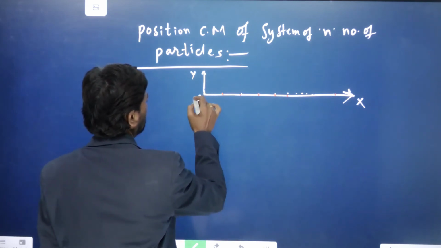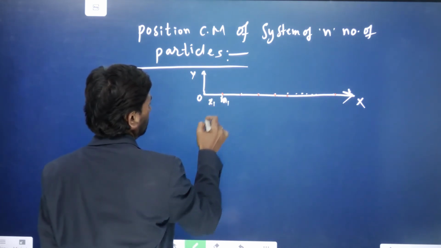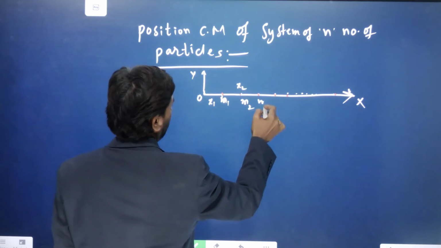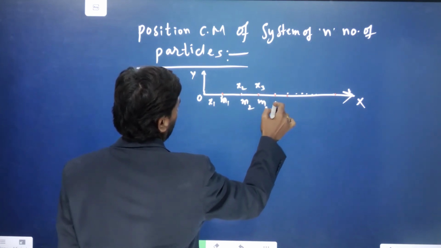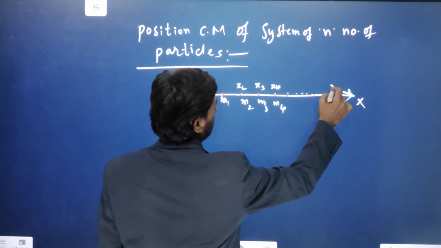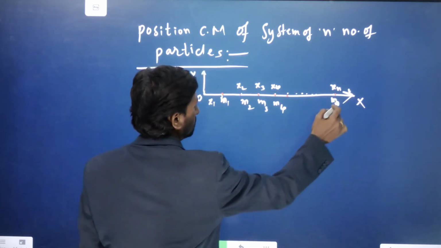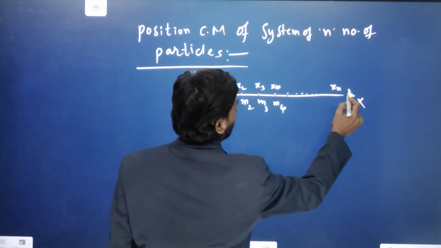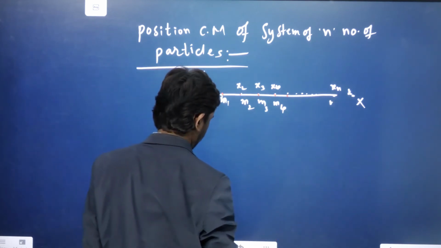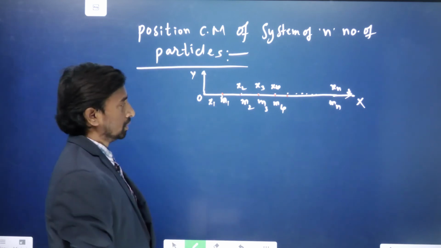Let us consider the origin, and m1 is at a distance x1 from the origin, the m2 particle is at a distance x2, m3 at a distance x3, m4 at a distance x4, and like that up to the nth particle, mass mn at distance xn.